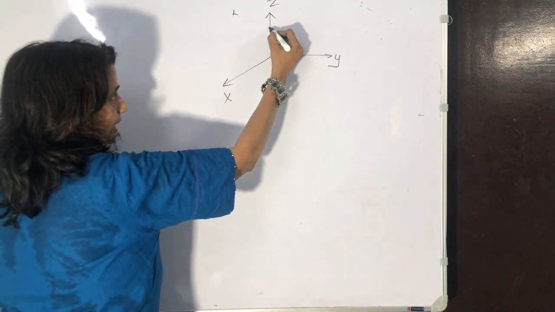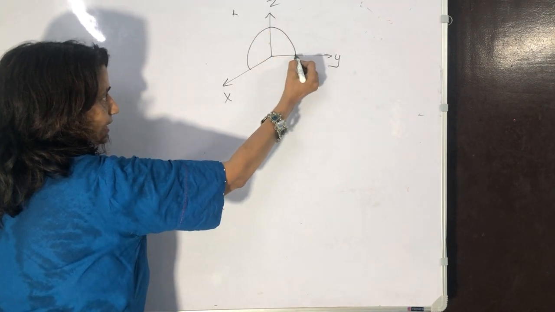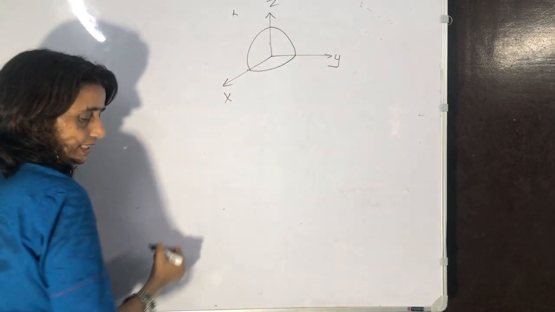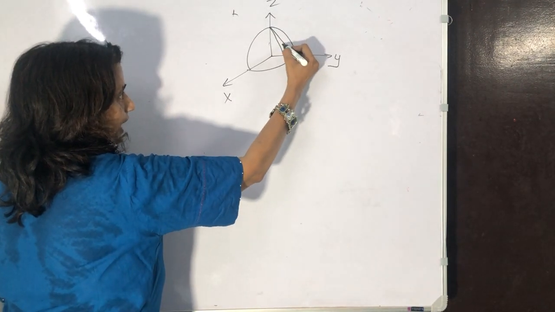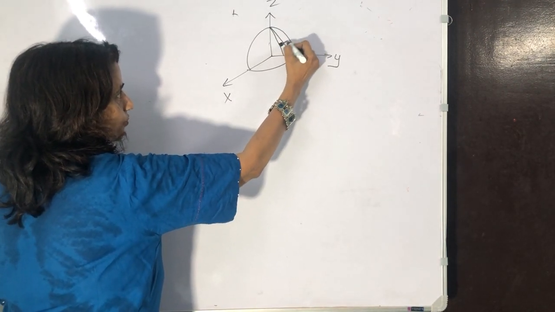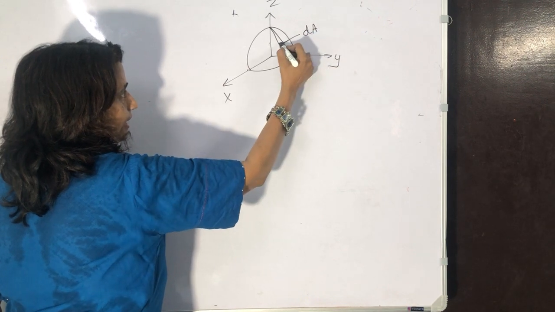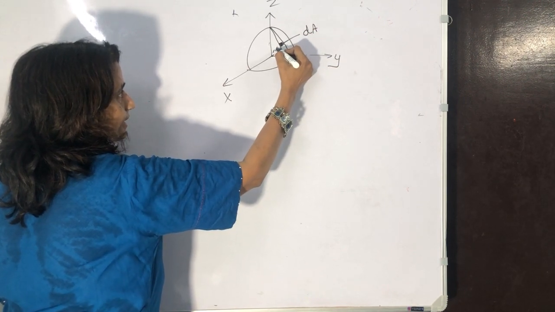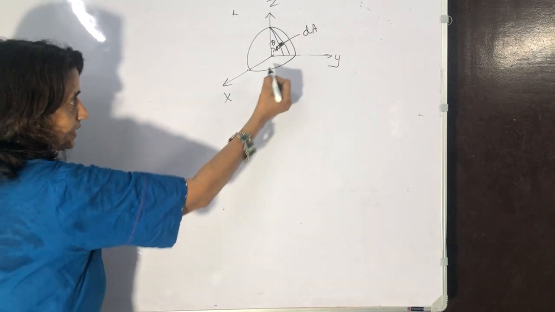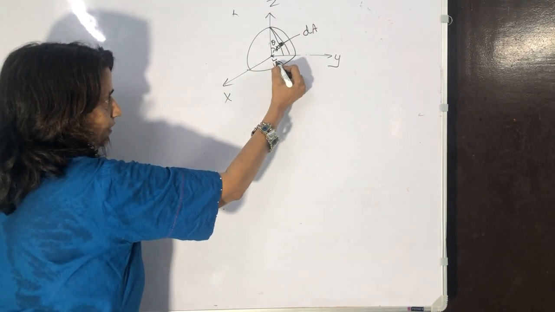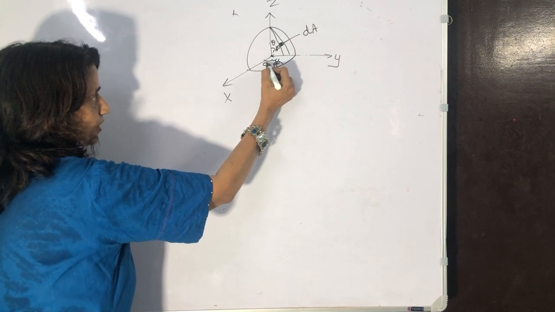Suppose I take any arbitrary sphere like this here, then the surface area of this sphere, and suppose this is the point with dA, and it is holding an angle d theta here, and this is theta, and here d phi, and this is phi, right?